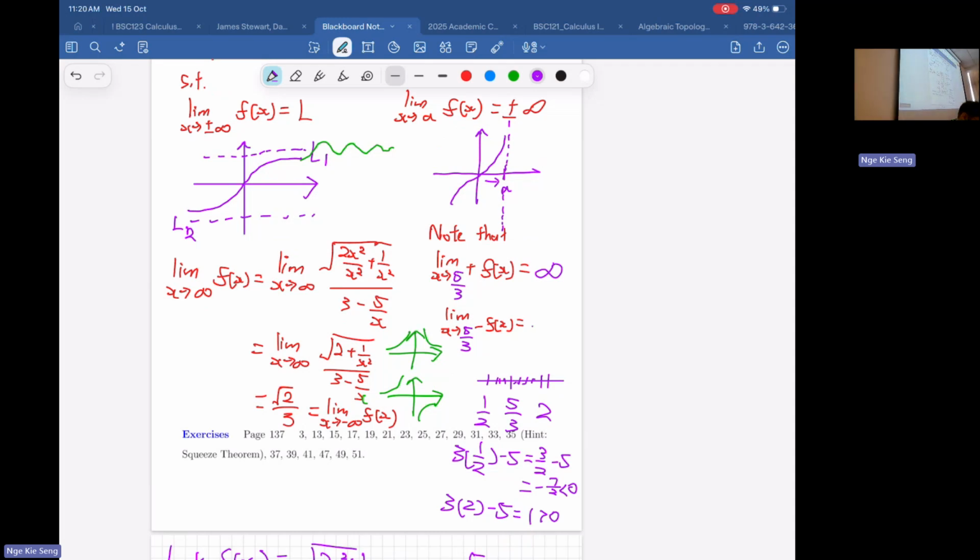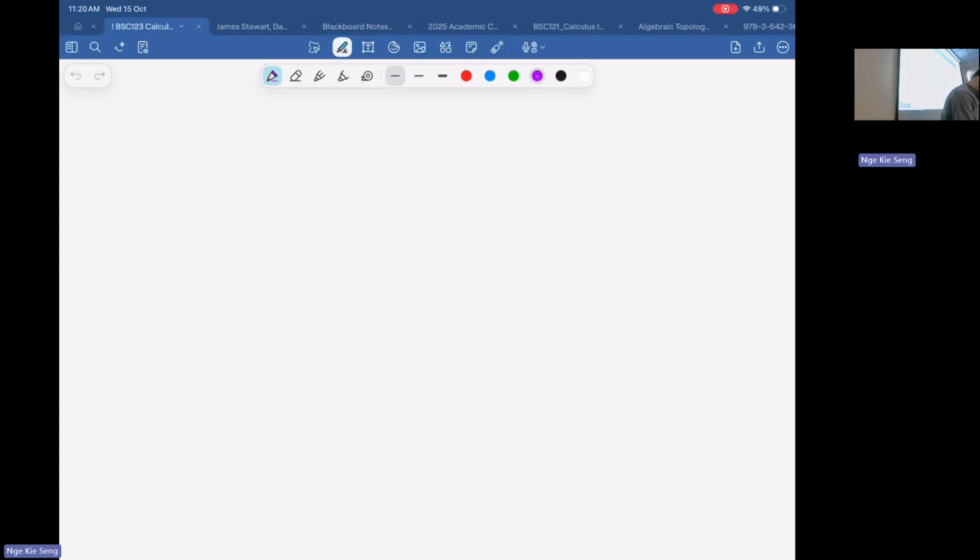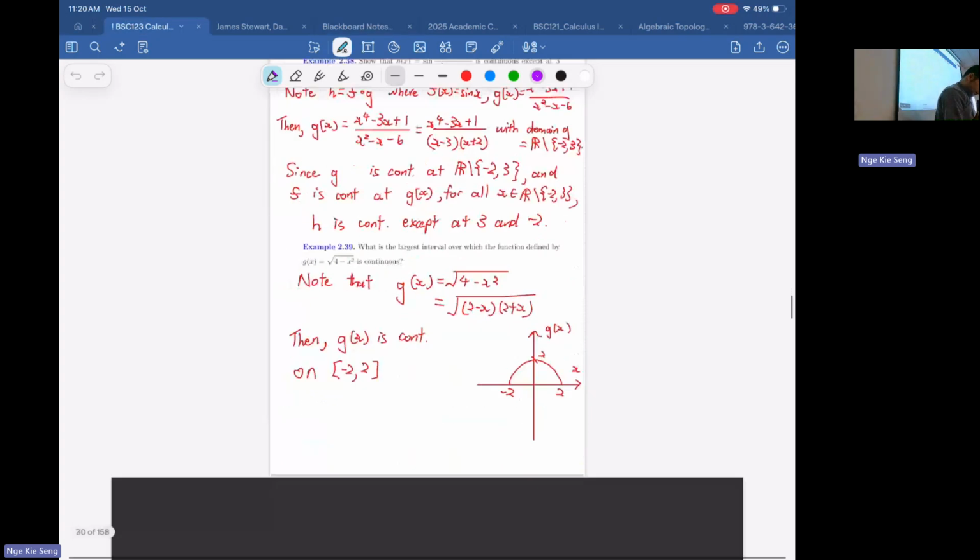The other side will go to negative infinity, a very small negative number, while on the right side it is a very small positive number. Does it make sense? If you take out your GeoGebra and plot it, you get this graph here.